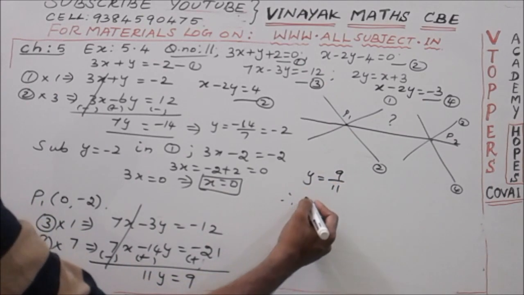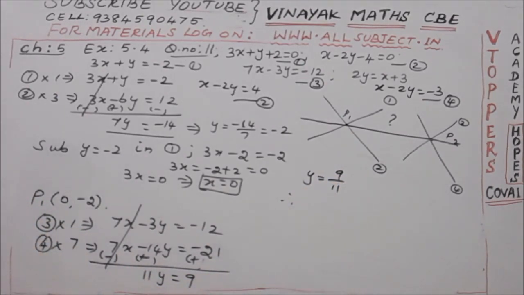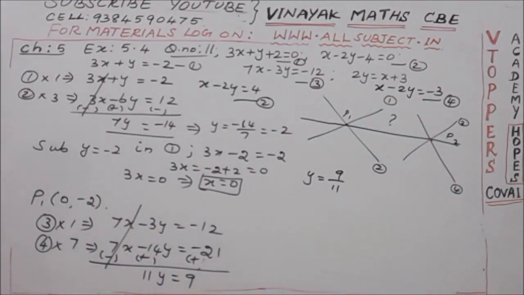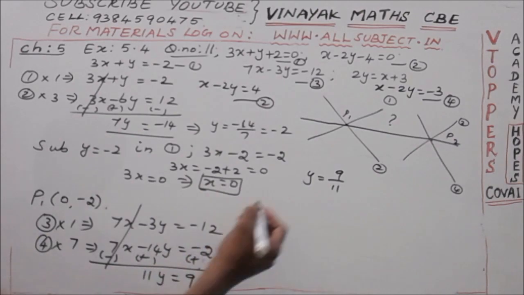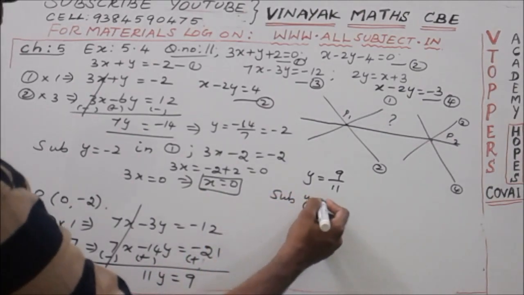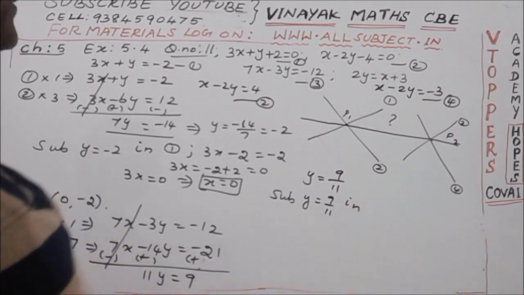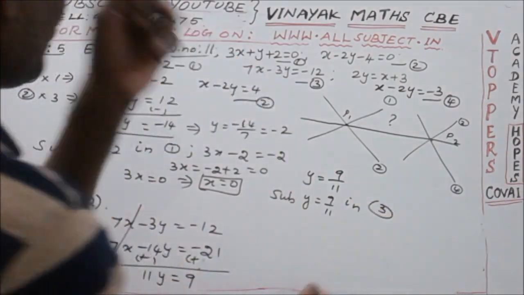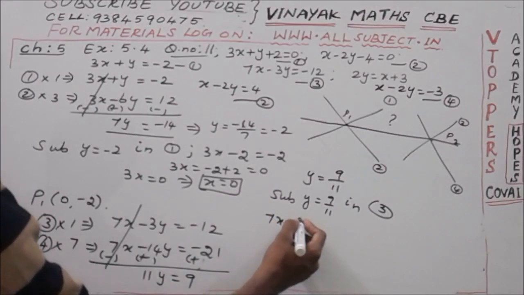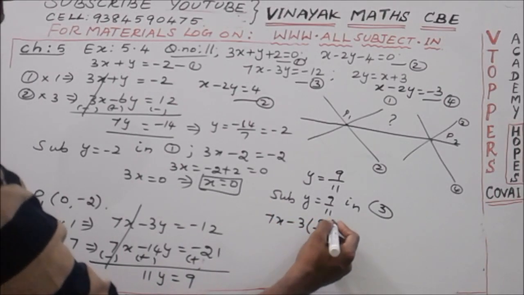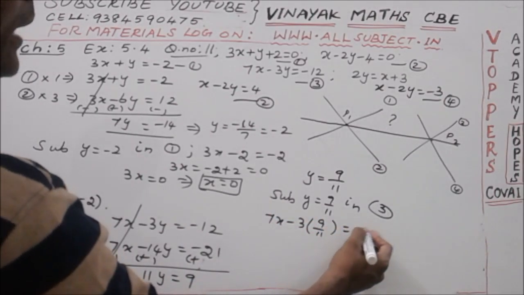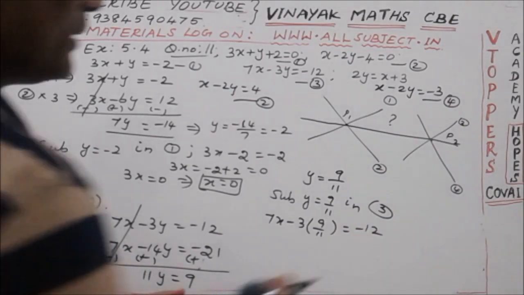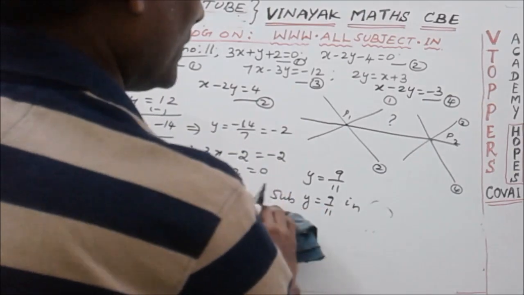Therefore, for the point of intersection, we found y. Now substitute y in either equation 3 or 4 to find x. Substitute y equal to 9 by 11 in whichever is easier: in 3 we have 7x minus 3 into 9 by 11 equal to minus 12, or you can go with equation number 4, which is comparatively easier than 3.